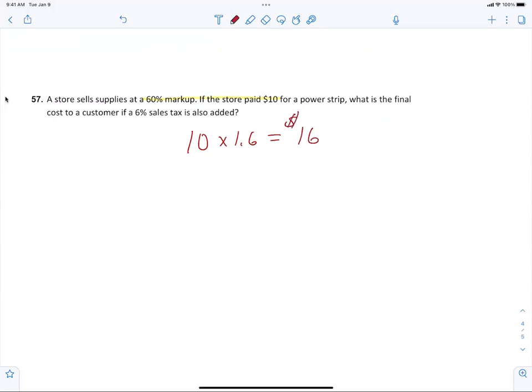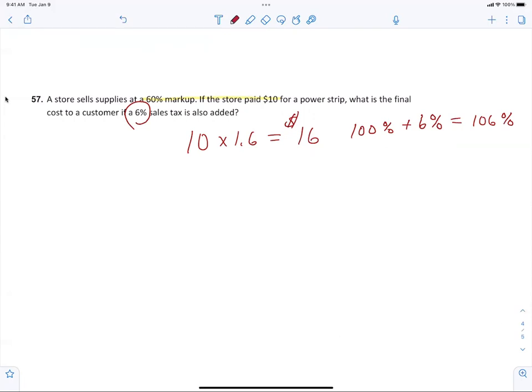Now we got to pay the tax, right? Is the sales tax off of the original $10? No. So off 16? Yes, you have to pay off 16. So listen, what percent are we going to have to pay? 100%. And then we have to add in the 6% because we're adding the tax. So 106%. Yeah, so the customer has to pay 106% of the bill.